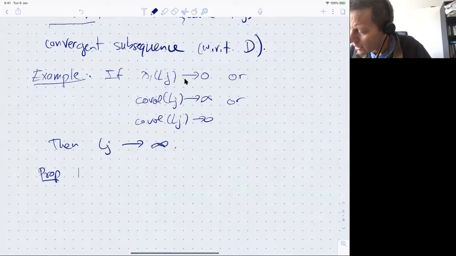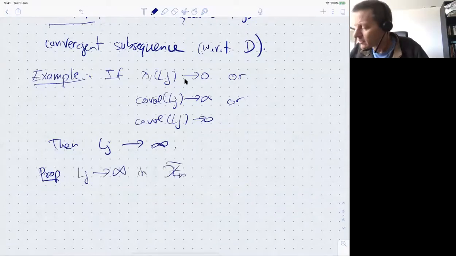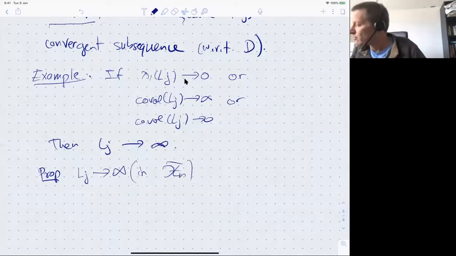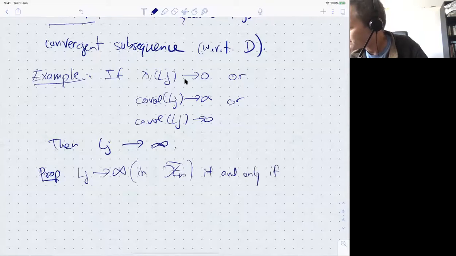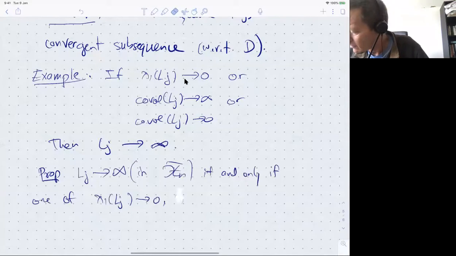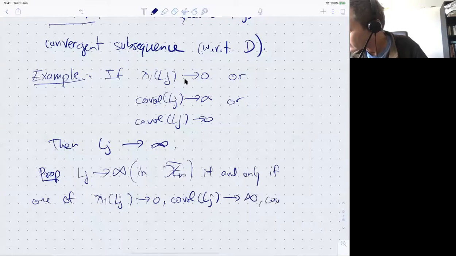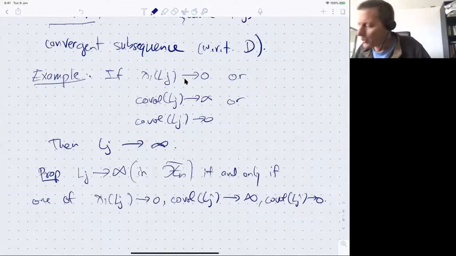And so Lj goes to infinity in this space of lattices of arbitrary covolume if and only if one of these things happens.